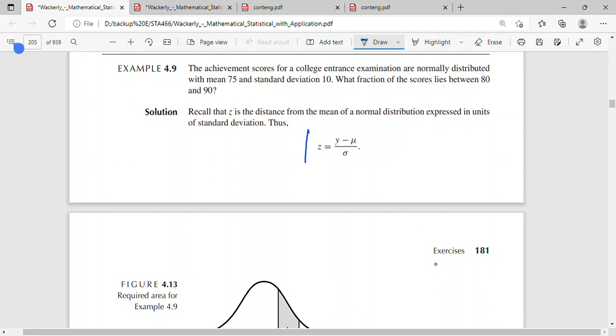Kalau you still remember, we need to minus with its mean dan divide dengan its standard deviation. Bahagi dengan standard deviation, bukan variance.